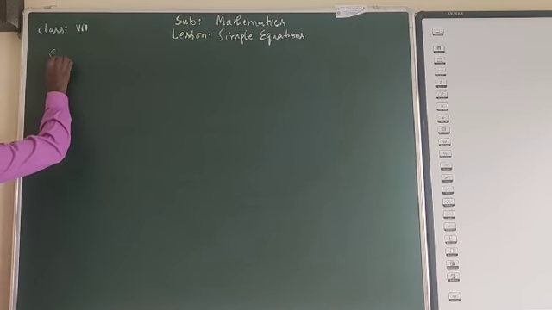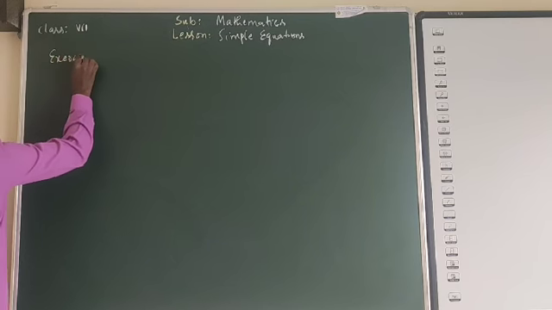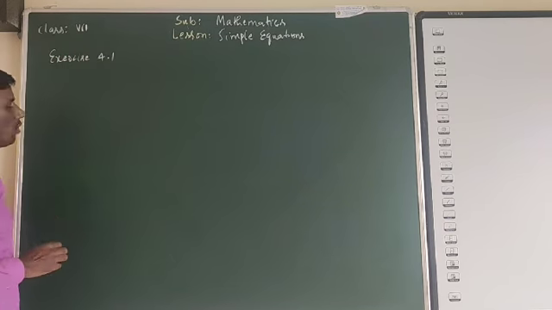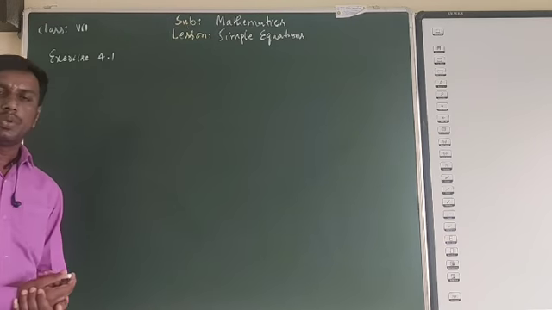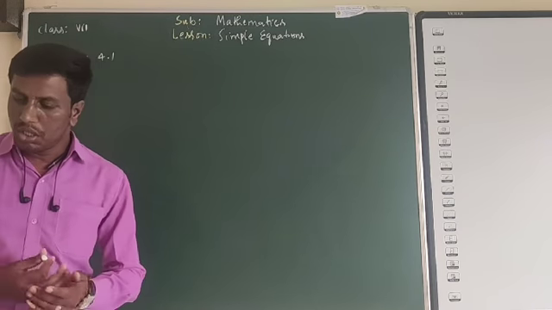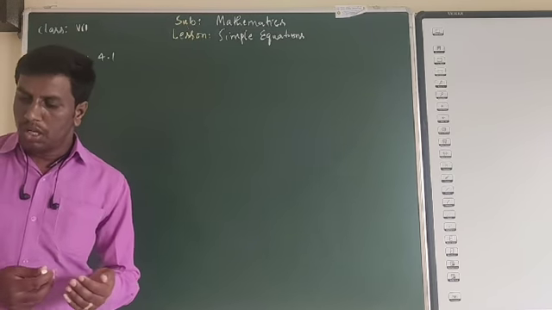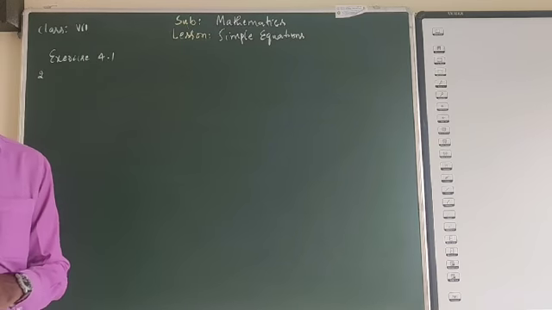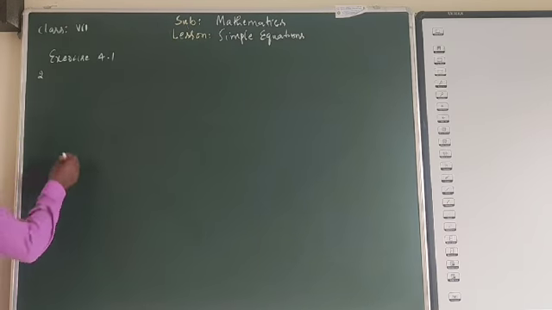Exercise 4.1, hope you have done that. The second one is checking whether the given value in the bracket is a solution of the equation or not. I have done that up to the third question, so I will go for the fourth one now.